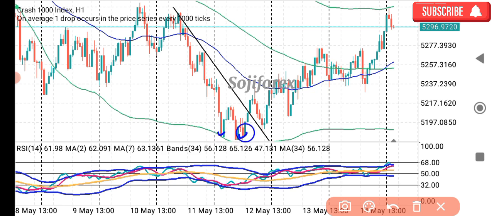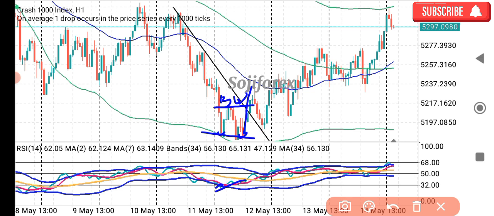This is a low, this is another low, this is our divergence here. We have our trend line. This is a break of structure at this level. So this structural point was broken by this move to the upside.